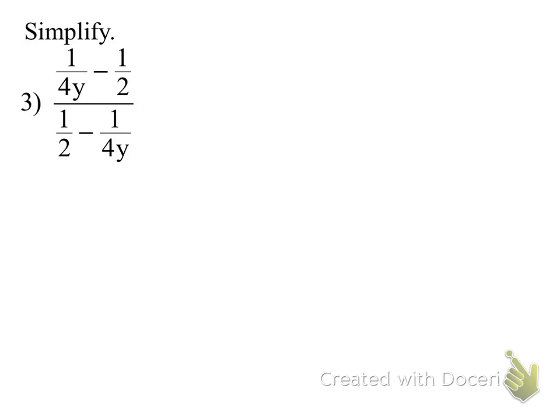Questions? All right, let's try the next one. Pause the recording. All right, let's check our work. So what am I clearing by? I put 4y over 1. We're multiplying numerator and denominator by 4y, so 4y over 1 on each fraction.